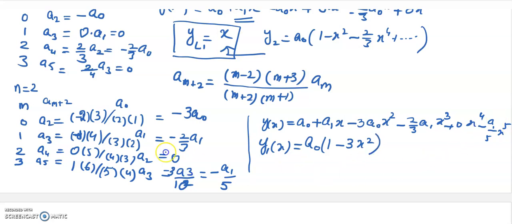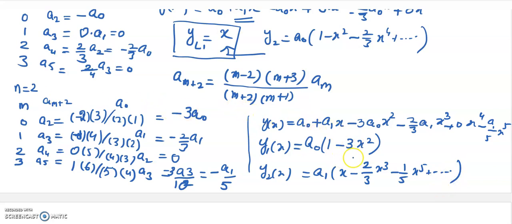Why x power 6 will be 0? Because after this the a6 will depend on a4, but a4 was 0. Similarly a8 will depend on the previous 0 value, so this series will terminate here. And then y2 of x is the other series with the a1, then x minus 2/3 of x cube minus 1/5 of x power 5. So this is an infinite series.